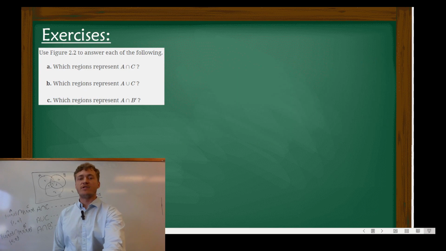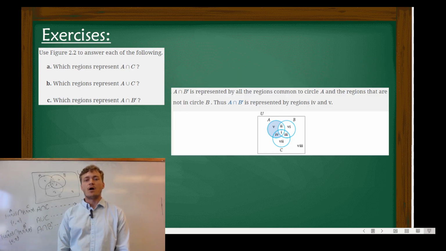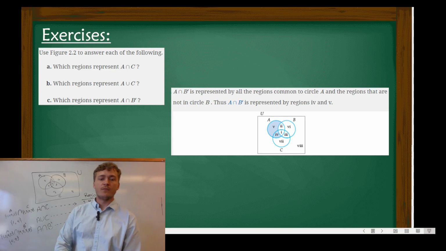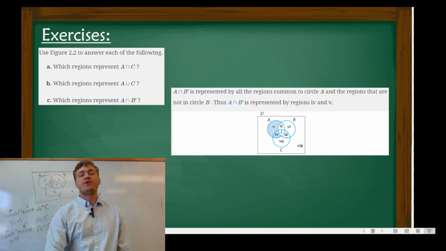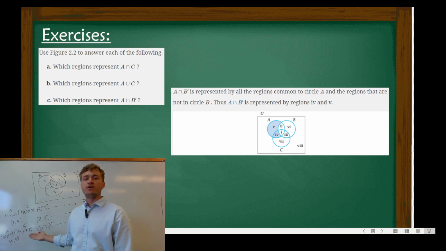Lastly here, for part C, A intersect B complement. Our shading there, once again, represented by our regions 4 and 5. So now you have your visual image as well. What you see there, how we came to that conclusion, just determining the regions for each, finding their intersections, unions, etc.